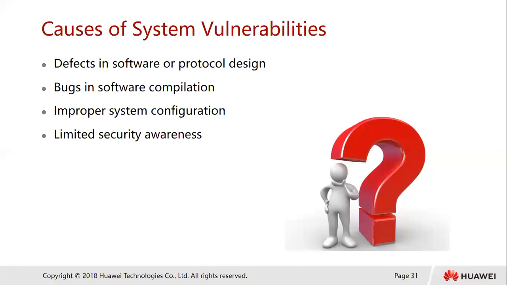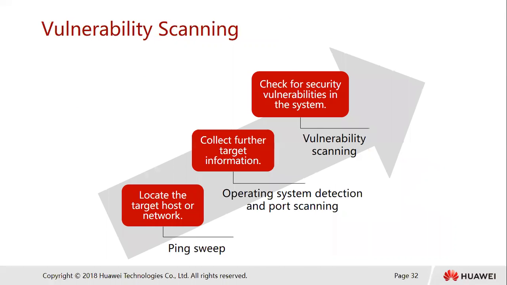Of course, you saw yesterday the default username of a Huawei firewall and the default password, okay? And then limited security awareness. Security awareness is very, very important in the organization, okay?